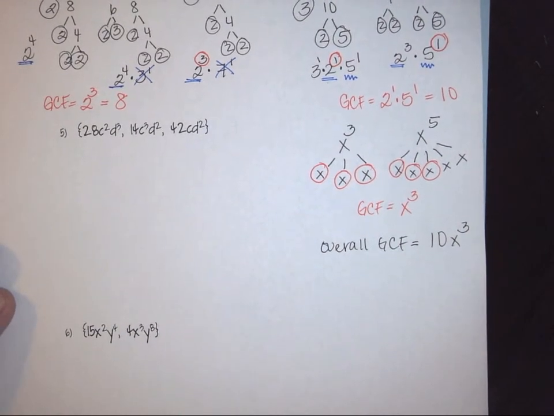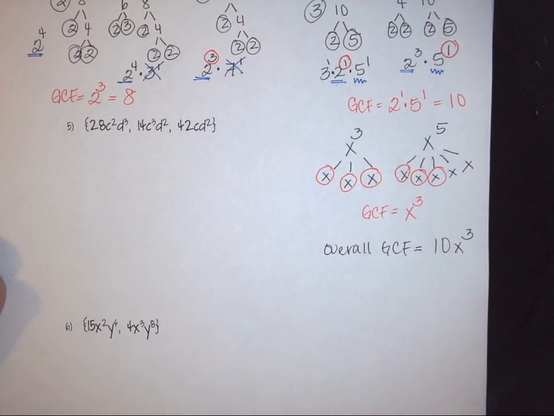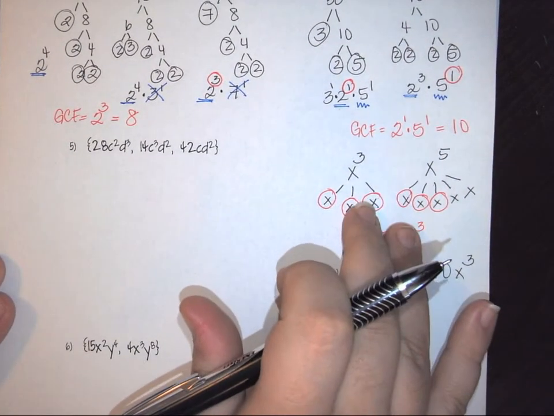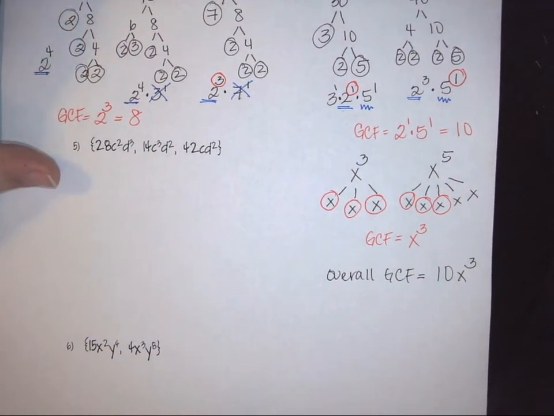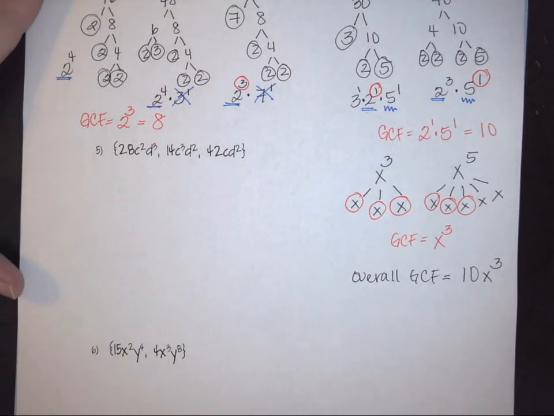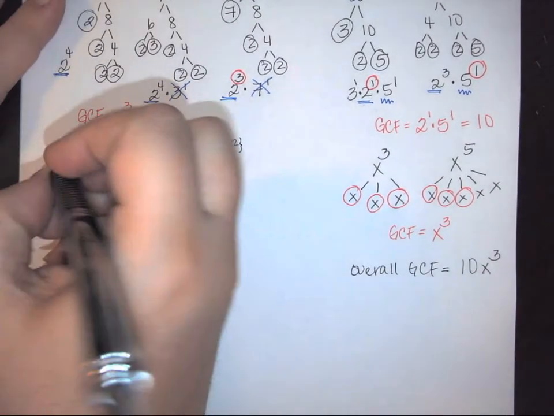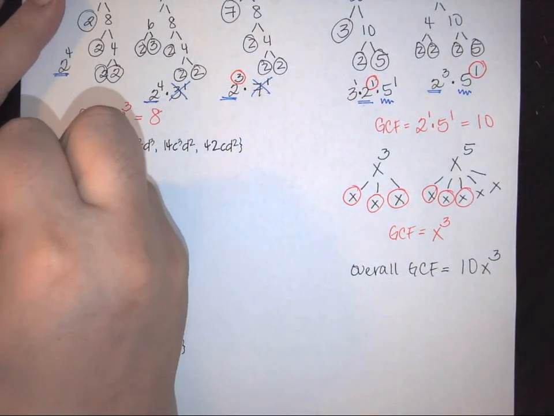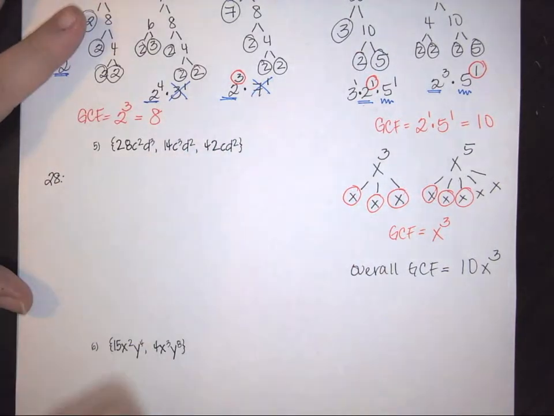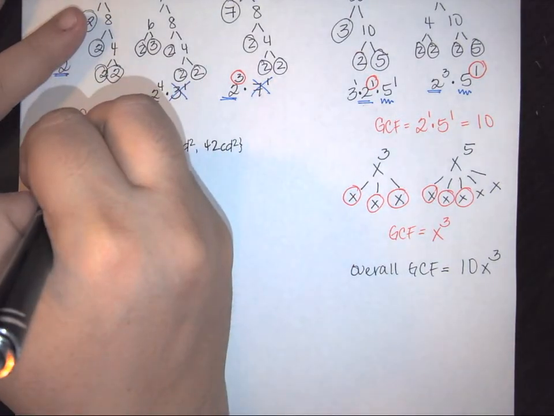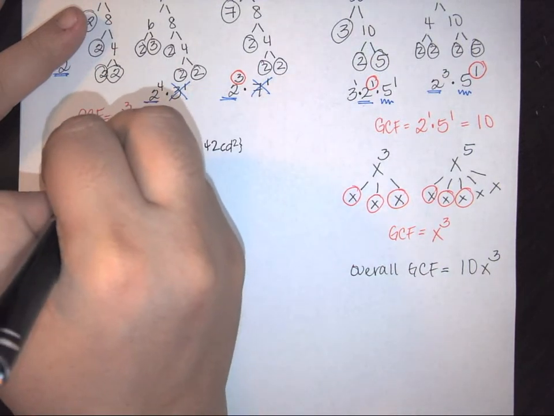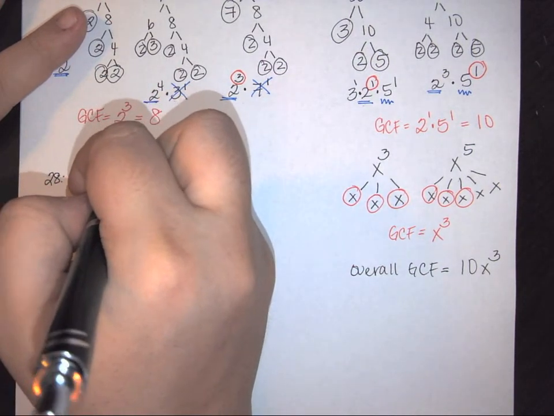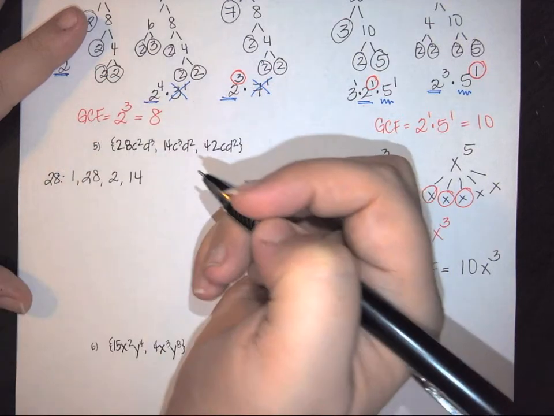Now, just like before, another way that we could have done this, instead of using my prime factorization, would be to simply list the factors out. So here, if we were to look at 28, we would have to look at my factors of 28. So I have 1 and 28. Then I have 2 and 14.